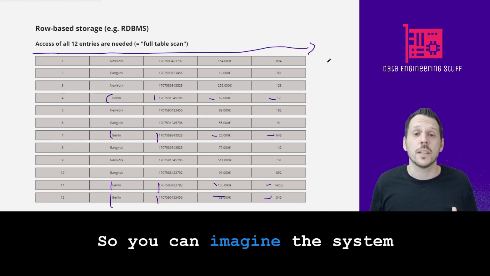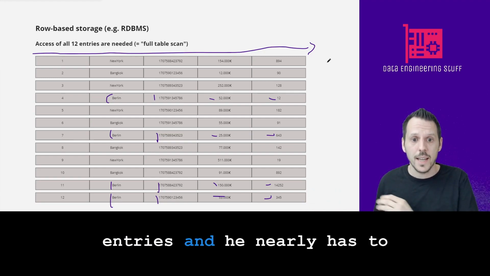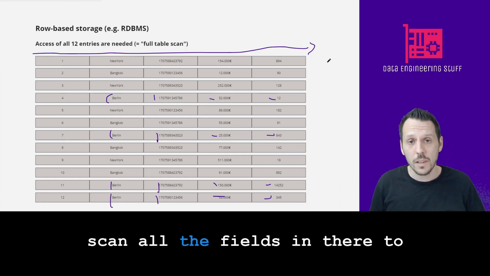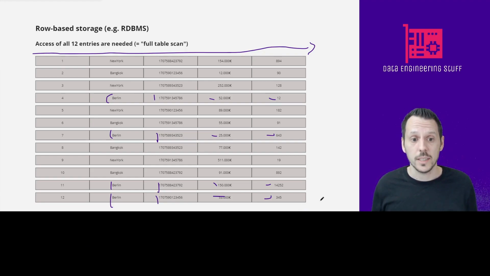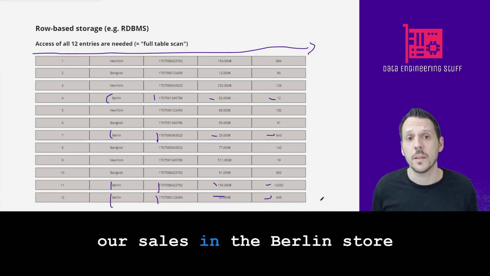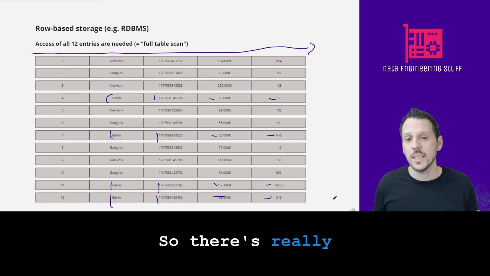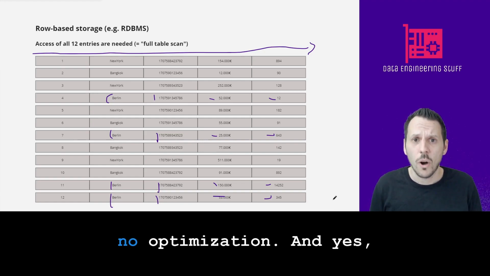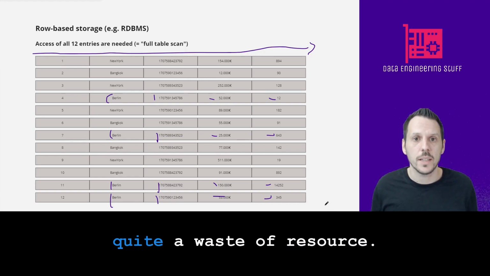So you can imagine the system has to go through all the entries, and it nearly has to scan all the fields in there to find our sales in the Berlin store in the given time frame. So there's really no optimization, and yes, it's just quite a waste of resources.